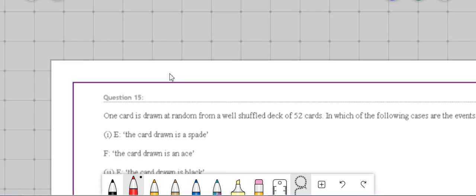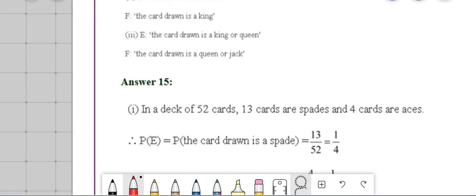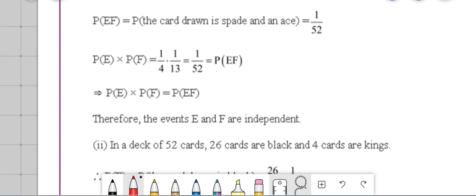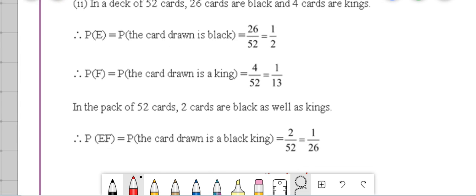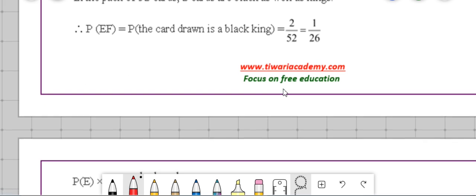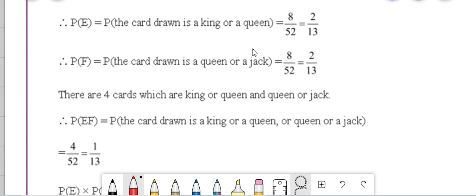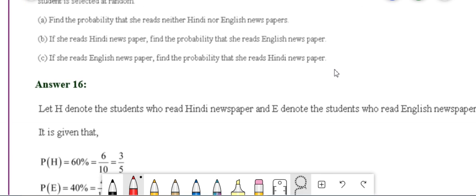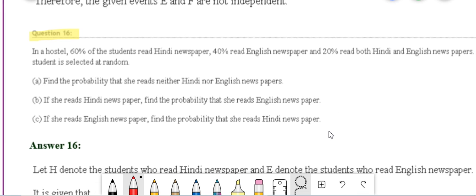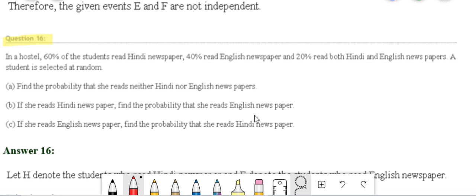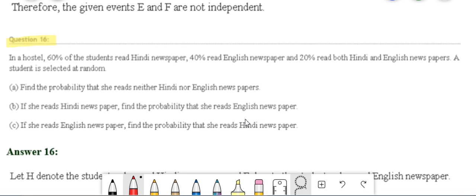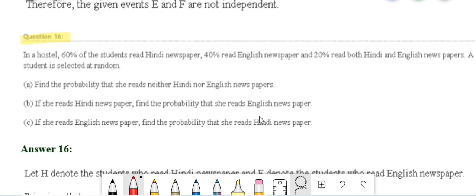Now going towards the next question, question number 16. This type of sum you learned in 11th standard, also in set theory.